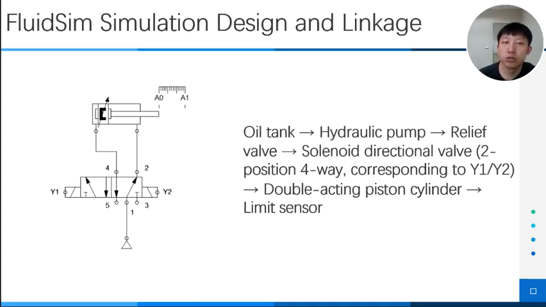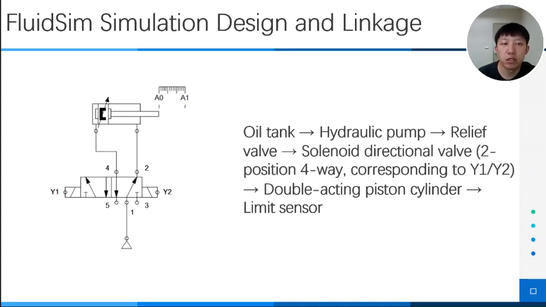This page introduces the fluid simulation design and its connection with PLC. First, build the circuit. Components include an oil tank, pump, relief valve, four-way solenoid directional valve, double acting piston cylinder and limit sensors.